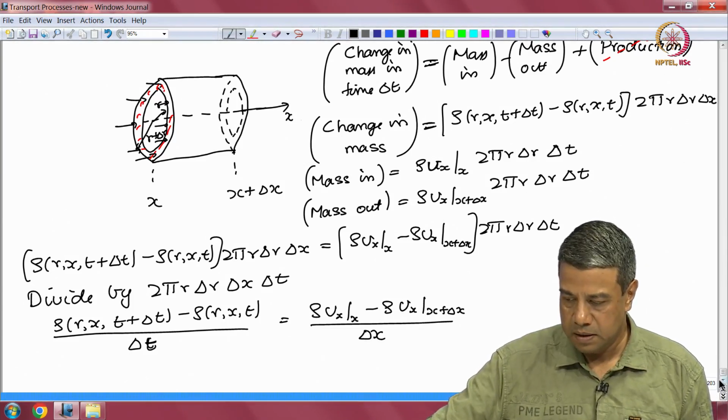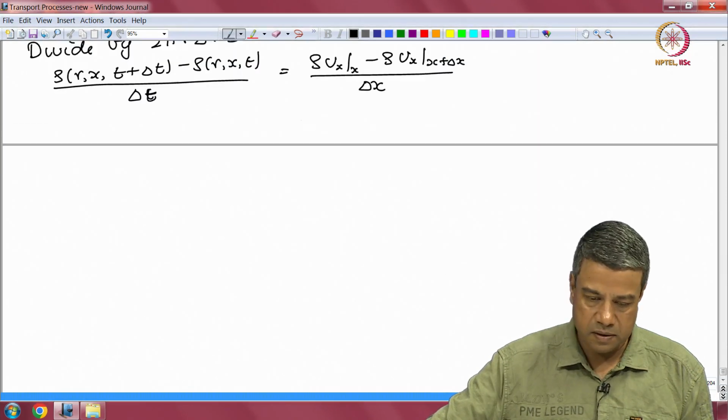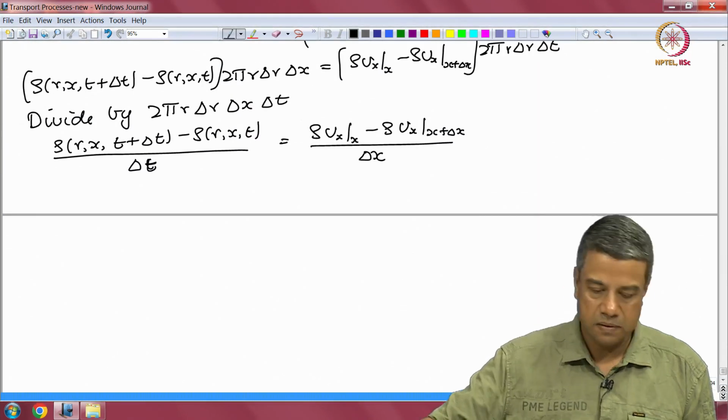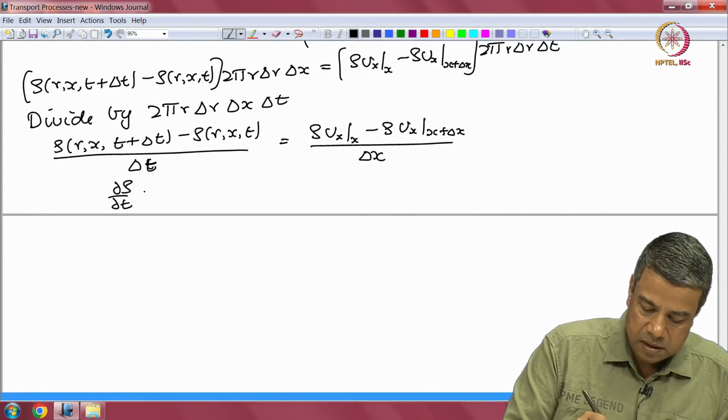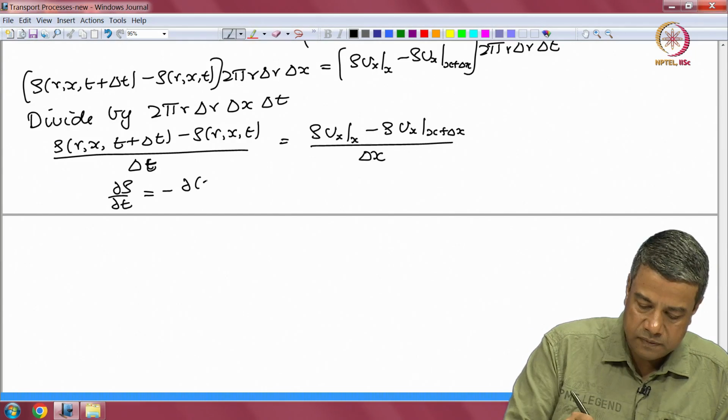And take the limit delta x going to 0, delta t going to 0, the equation becomes partial rho by partial t is equal to minus partial of rho V x by partial x.